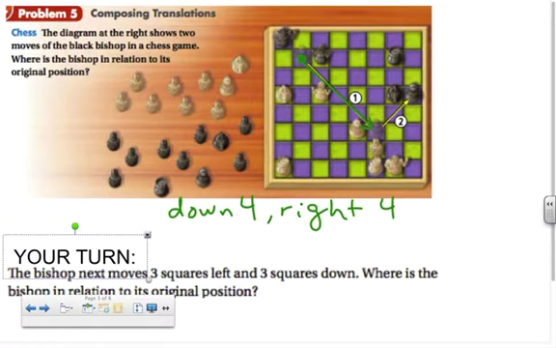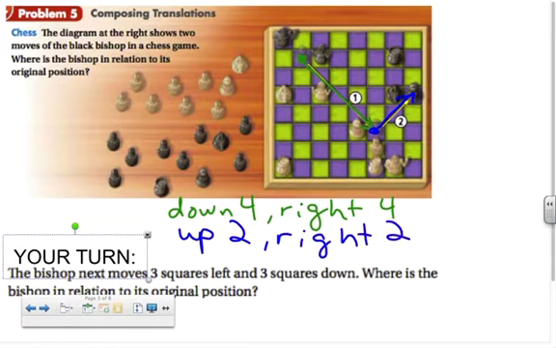And then from there, he went here, which is up 2 and right 2.